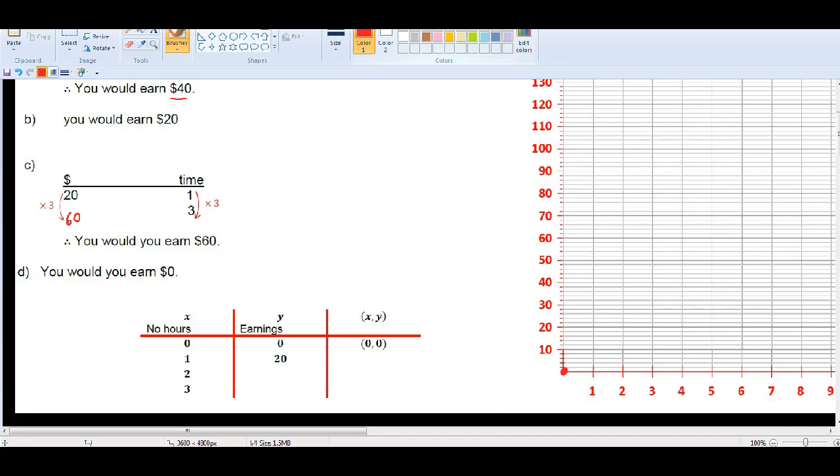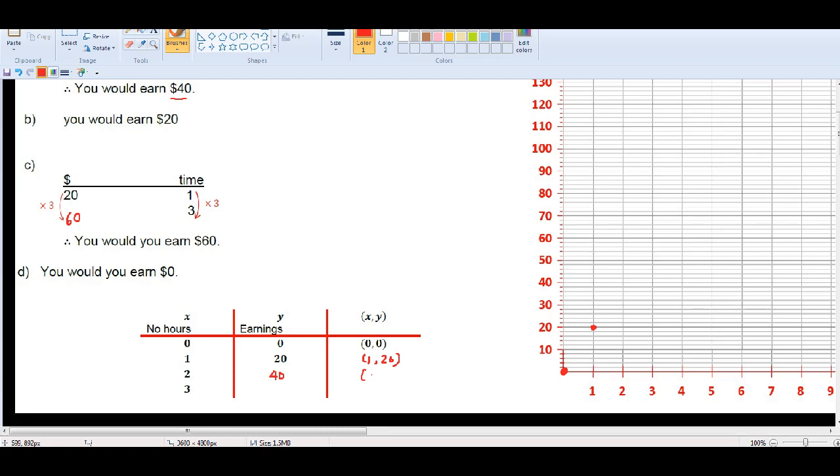Okay. And for the second point, you have number of hours 1, and earnings $20. Okay, so the corresponding coordinates will be (1, 20). So this will be another point. How about 2? The earnings will be $40, right?